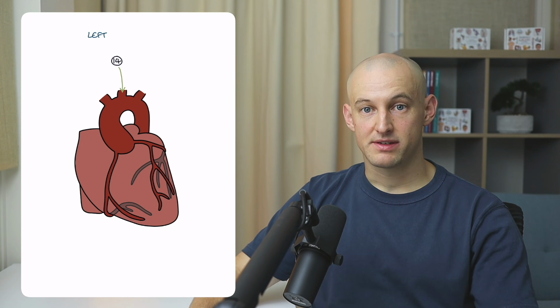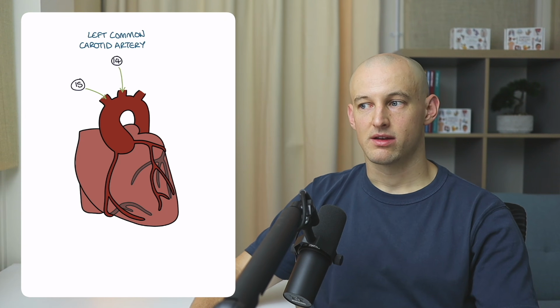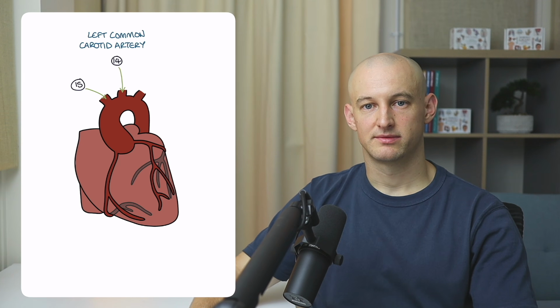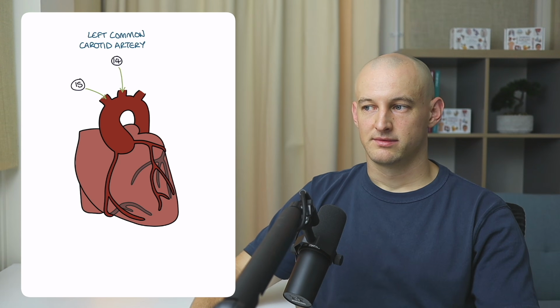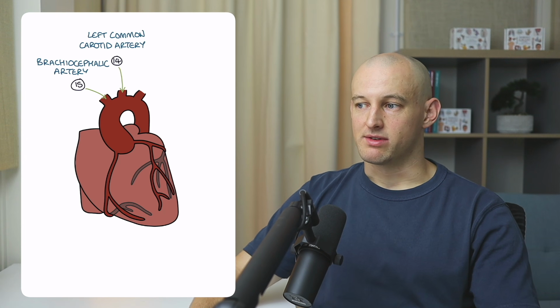This is the left common carotid artery. Question 15. What is the name of this first branch? This is the brachiocephalic artery.